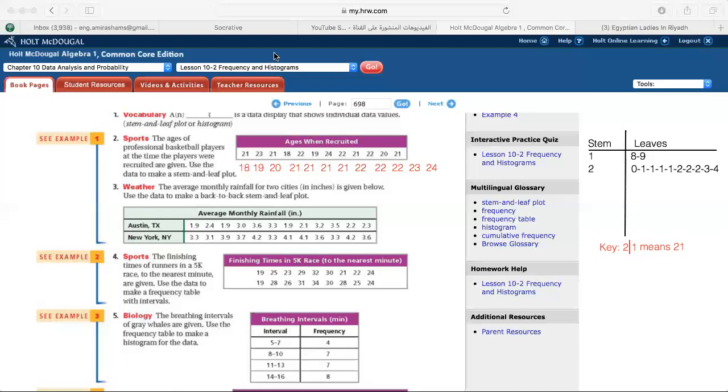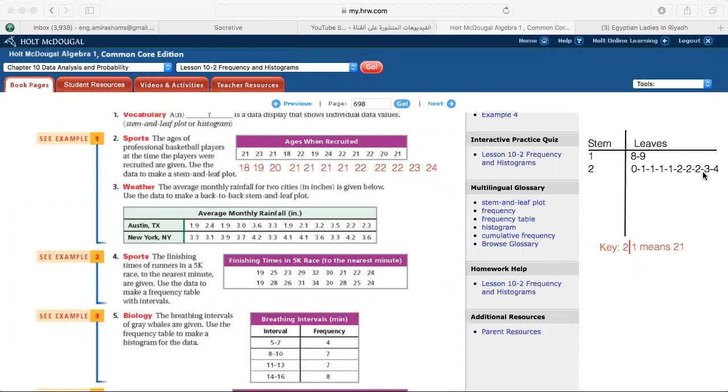How did I get the key? Question from Aya here. How did I get the key? I pick any number from the stem and take any number next to it from the leaves, from the same line. Give me any key, Aya, by yourself.